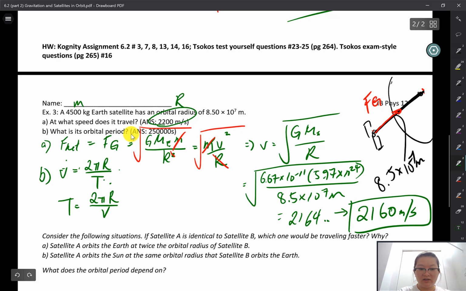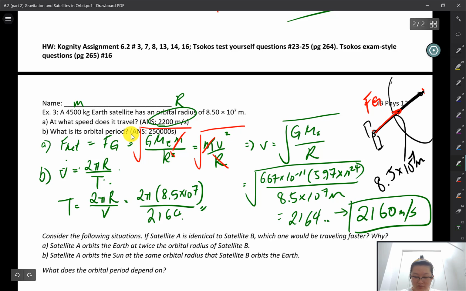And putting in all our values, we're going to get 2 pi times the radius, 8.5 times 10 to the power of 7, divided by our speed here, which is 2164, no rounding. Putting that into our calculator, I get 246,750 and so on.